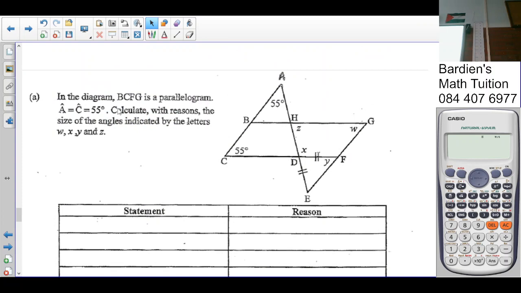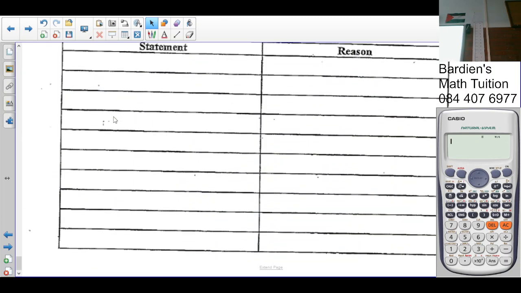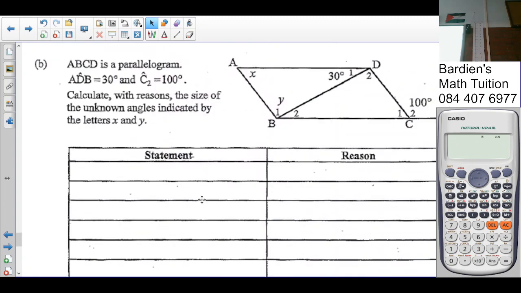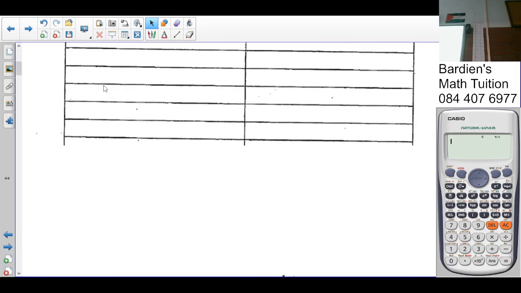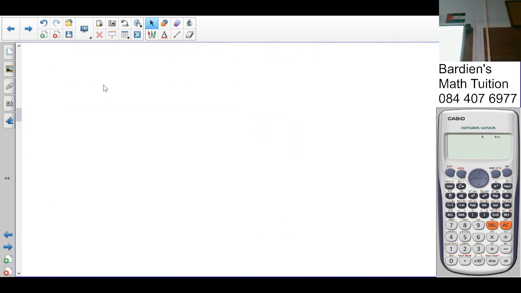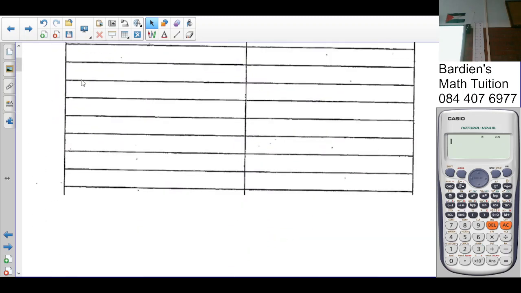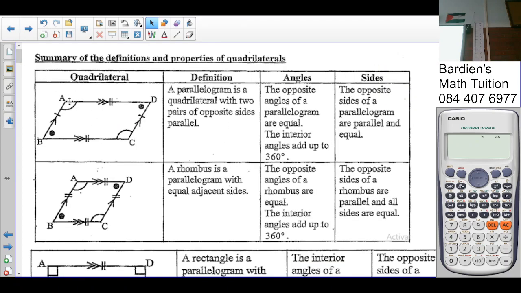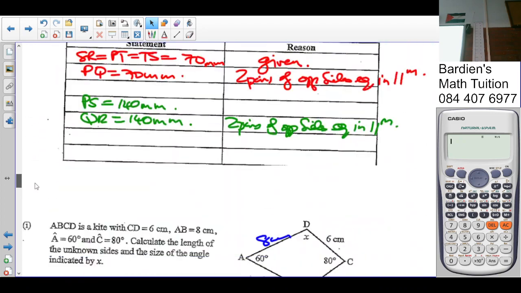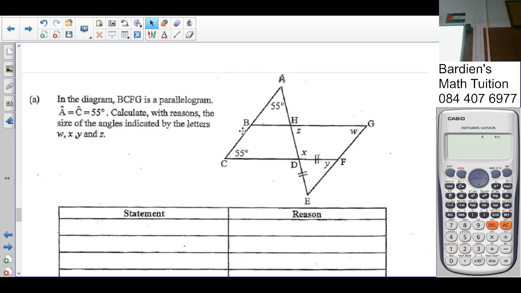There are basically two pages left of quadrilaterals, pages 19 and 20.